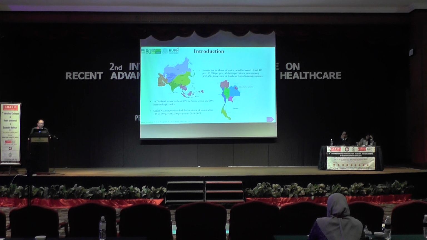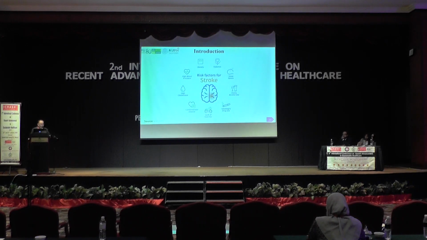In Sakon Nakhon province, in the northeast of Thailand, close to the Mekong River and Laos, the incidence also increased from 2019 to 2023. In general there are risk factors for stroke, such as obesity, diabetes, sleep apnea, smoking, alcohol, and cardiovascular disease.